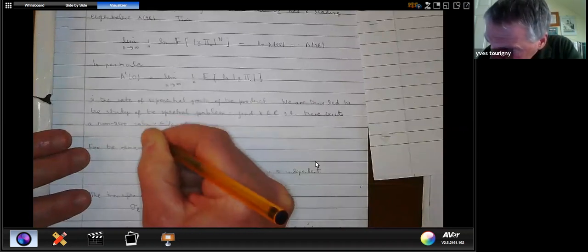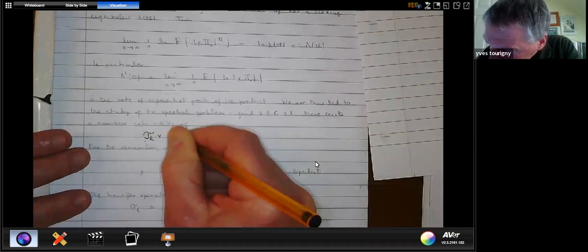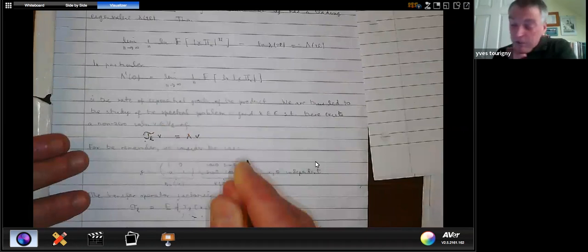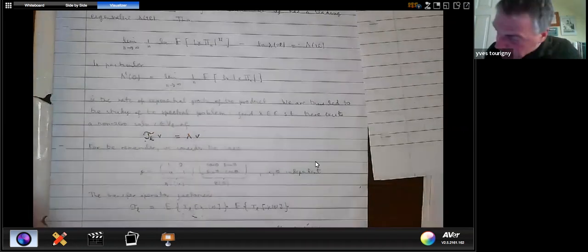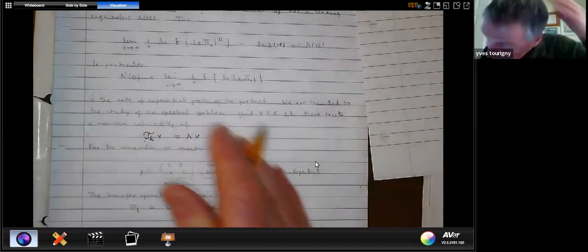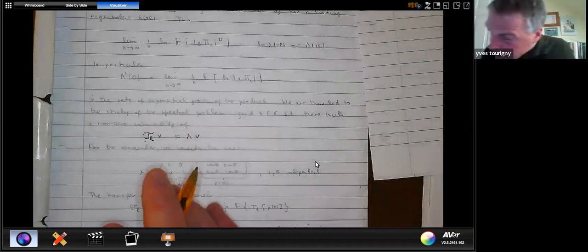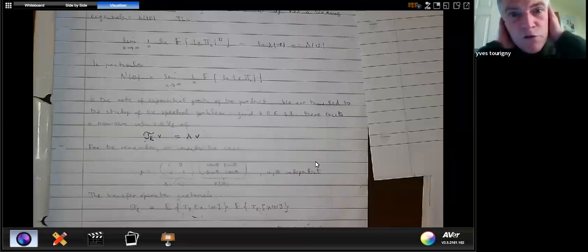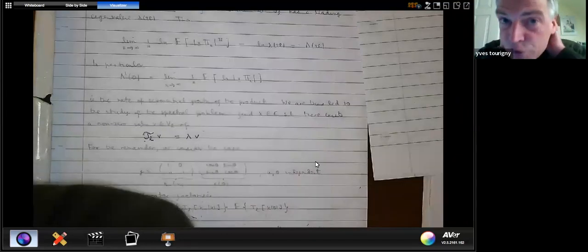I'm looking for numbers lambda for which this will have a non-trivial solution in the space V. Something has happened between the last time I wrote this and now. One important thing is that the space V, on the face of it, consists of functions of two variables.